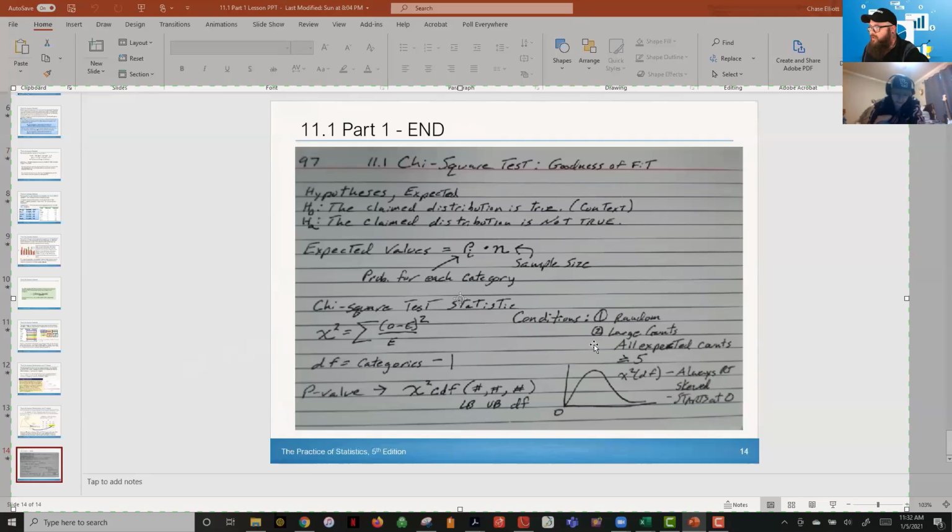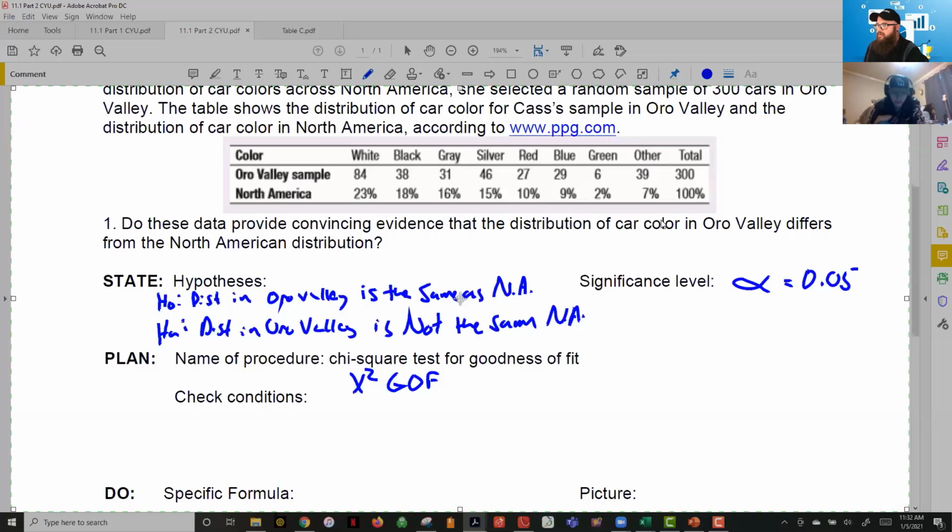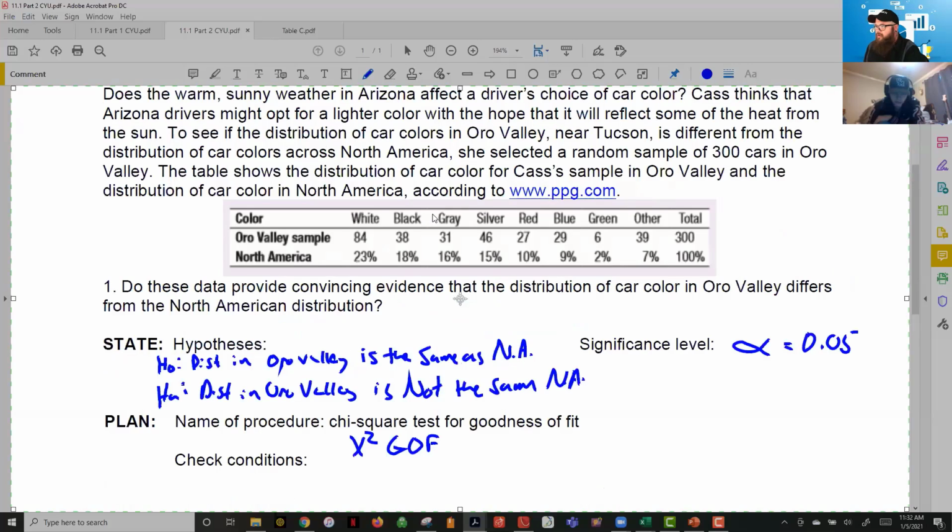Gotcha. So we're looking at randomness and large counts. For randomness, I'm pretty sure they state it up here: a random sample of 300 cars, okay? So for your conditions, you can simply write random selection of 300.